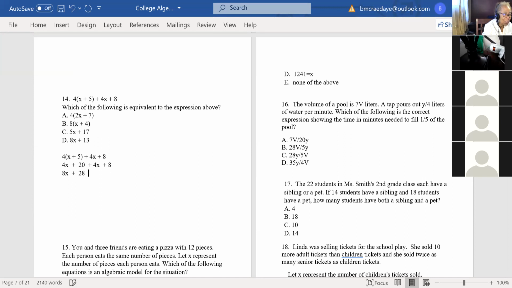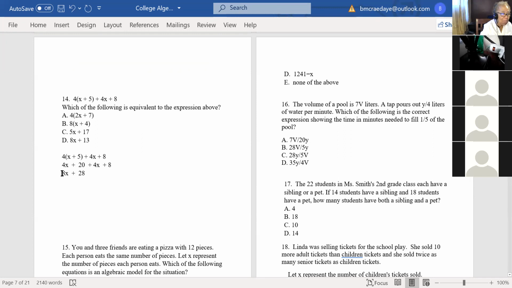Now, you see, Audrey, you said D, right? Well, 8x plus 28 is not 8x plus 13, right? Now what you want to do is pull out a common factor.